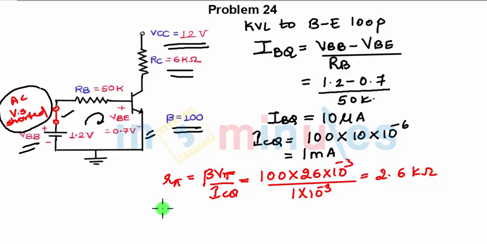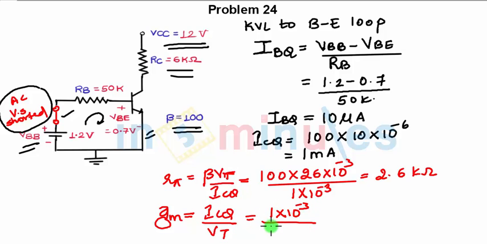Right? Once you have found R pi, you can find the value of GM as ICQ upon Vt. ICQ is 1 milliampere, Vt is 26 millivolts. So you can find the value of GM as 38.5 milliampere per volt.